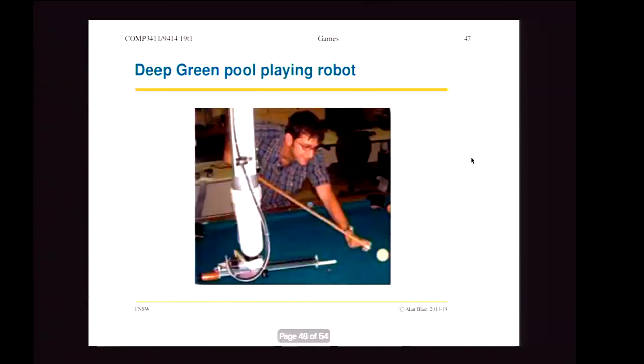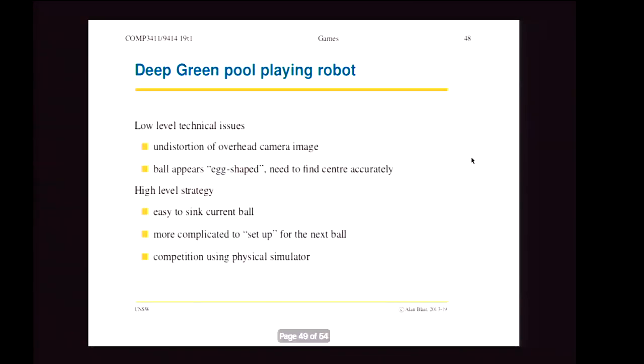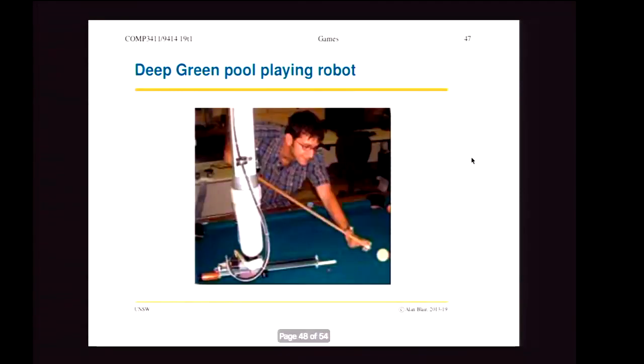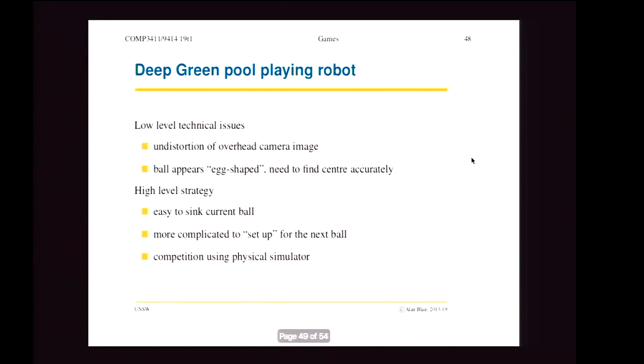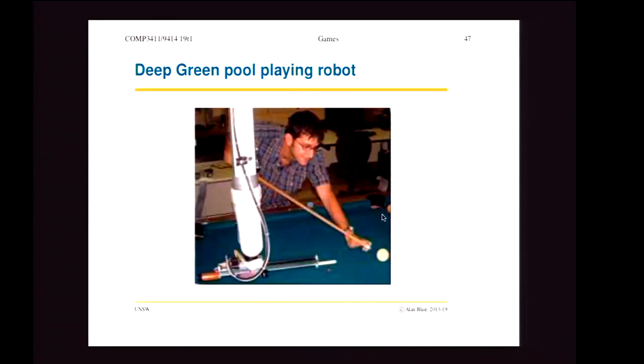And this is a related task, games like snooker and pool. This is a pool-playing robot that was developed at Queen's University in Toronto. Well, it's sort of similar to RoboCup.